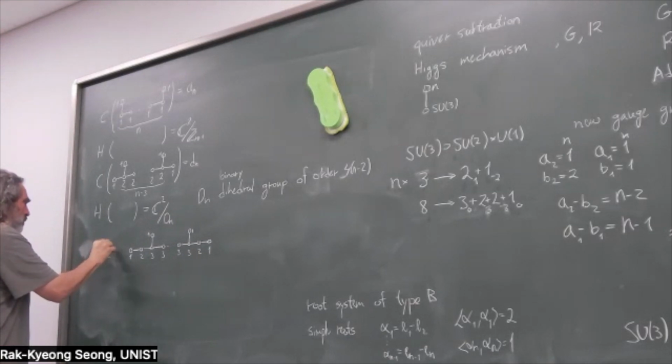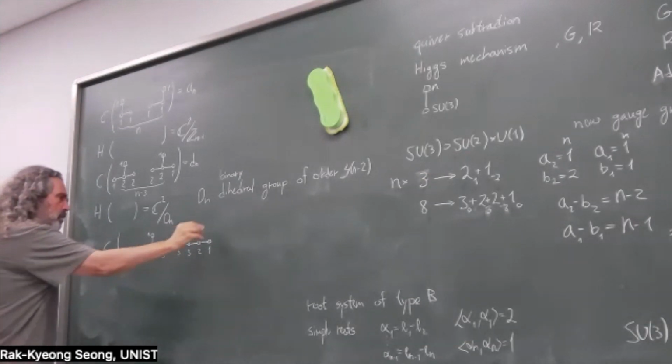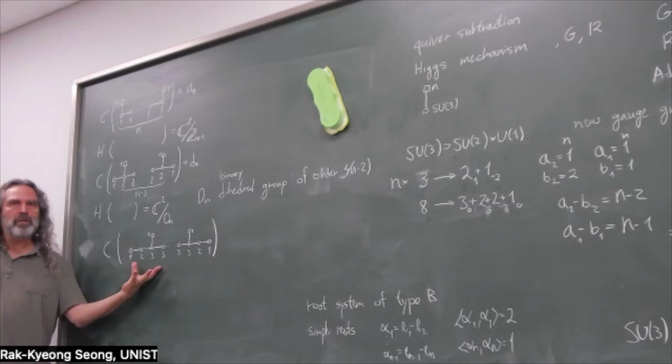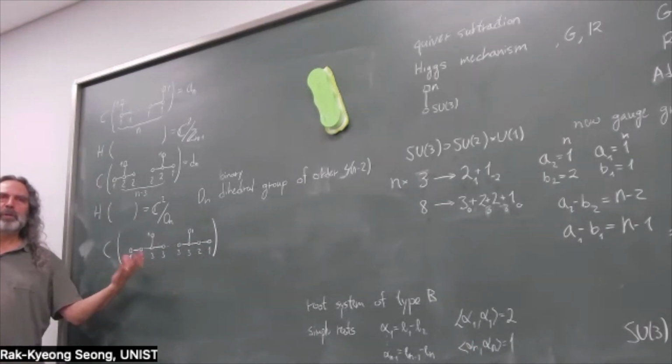So the Coulomb branch of this quiver. This is the equivalent of the family of SQCD.